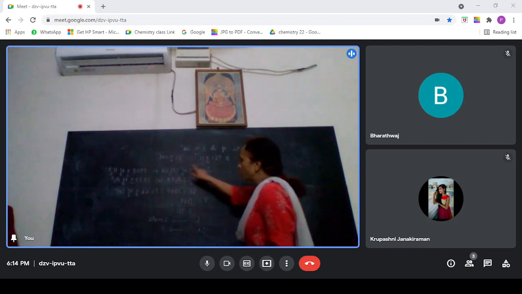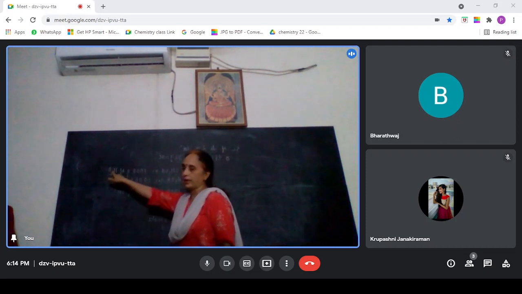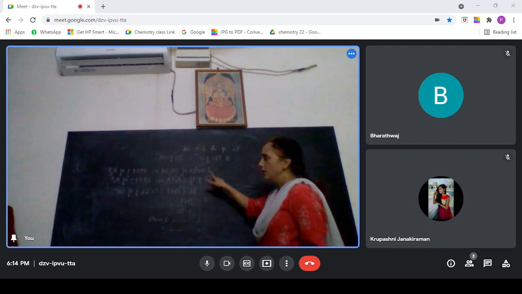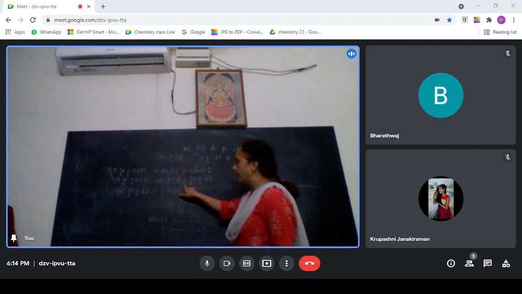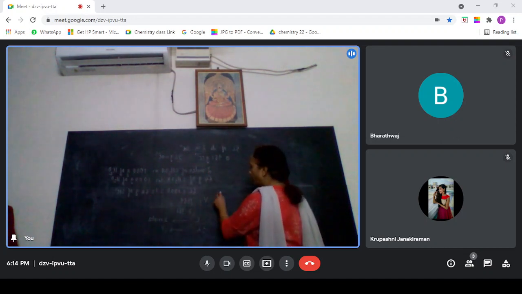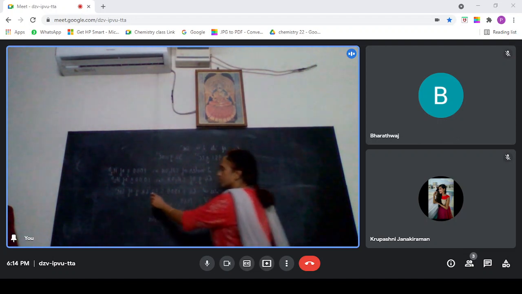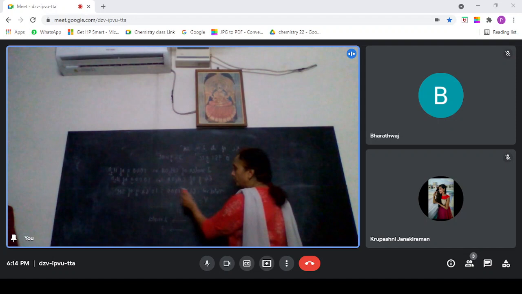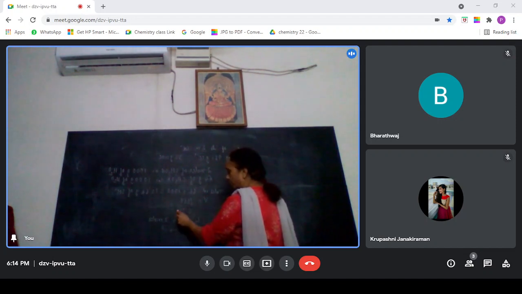First, 2 moles of methanol in 1000 grams of water. 2 moles means 64 grams. So 64 grams of methanol plus 1000 grams of water. So total is the mass of solution, 1064 grams. If you convert this to volume, you divide by the density.